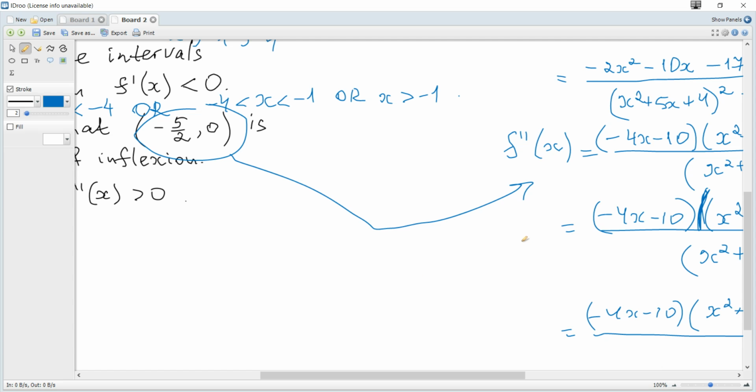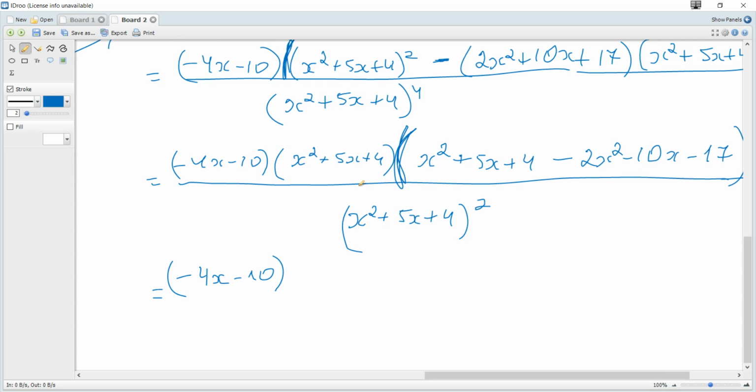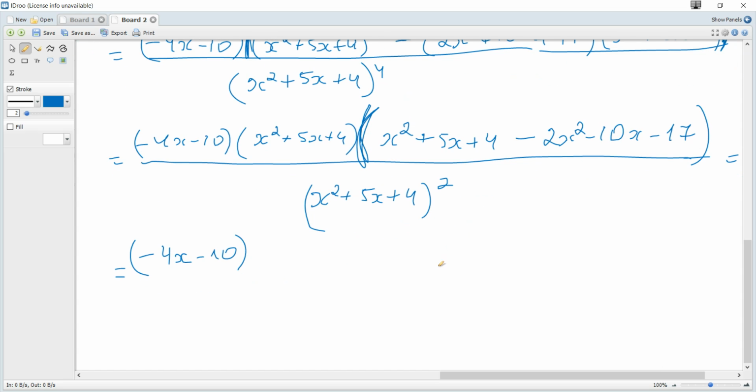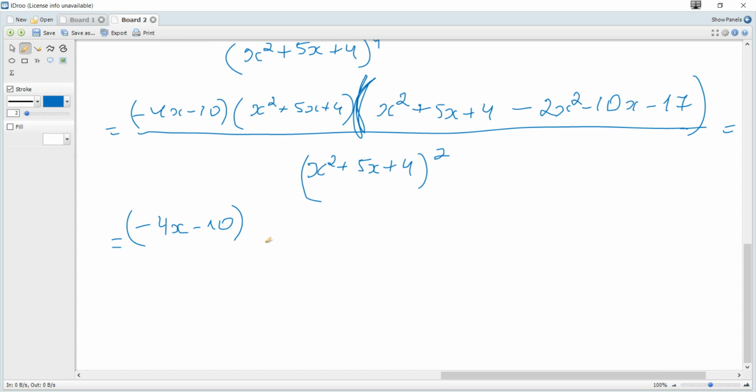And we need to show that the second derivative changes sign, or in general maybe consider the third derivative, and the third derivative at that point is not equal to 0. But let's continue and simplify.